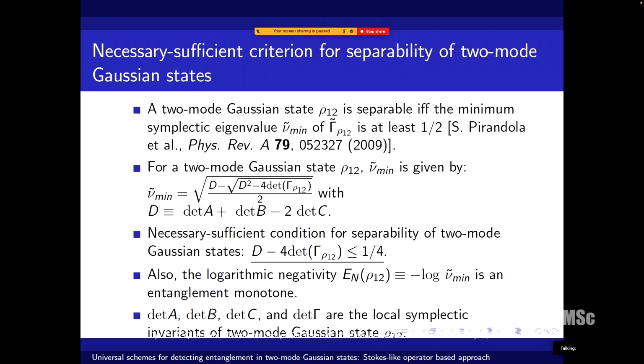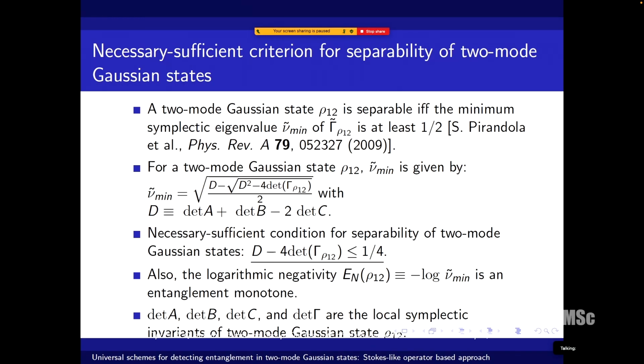I said that this is the necessary and sufficient condition for a 2 mode Gaussian state to be separable, in terms of local symplectic invariants. In principle you can simplify this further, and what you can show is that a 2 mode Gaussian state is separable if and only if the minimum symplectic eigenvalue is at least half. How many symplectic eigenvalues will you have?